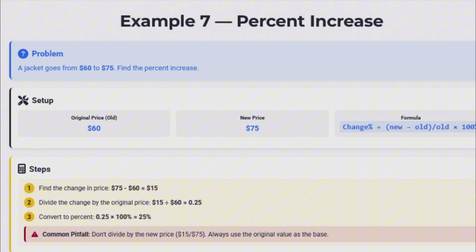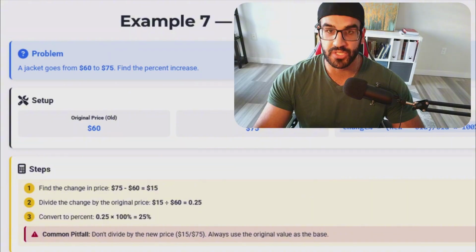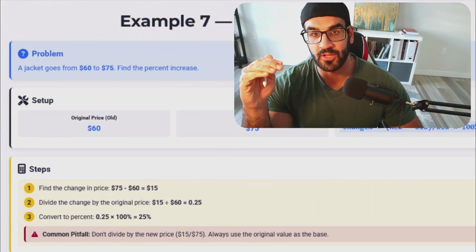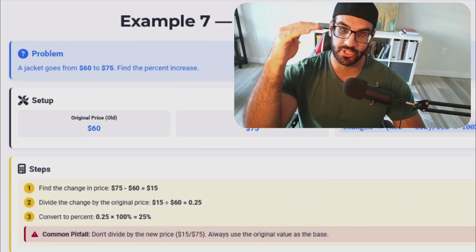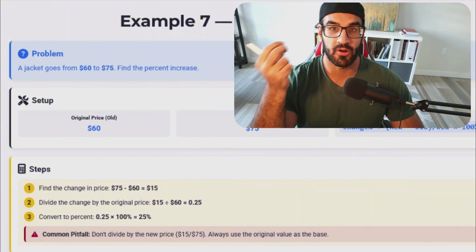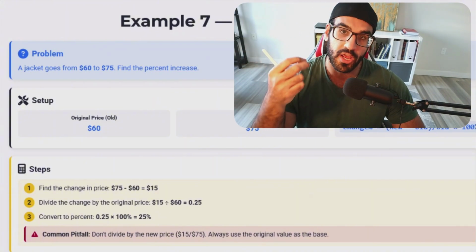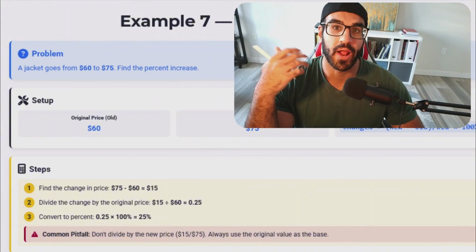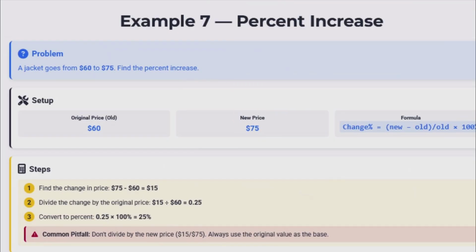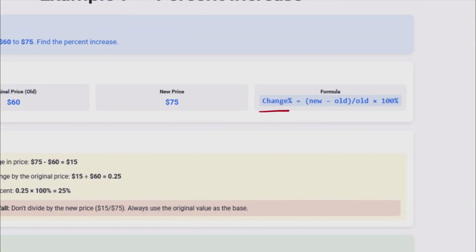Whenever we say percent increase or percent decrease, we are trying to compare the new value with the original one. Either the new value is bigger than or smaller than the original. Our mission here is to find by how many percent. So we are going to use a simple formula. The change in percentage equals new minus old, divided by old, times 100%, right?